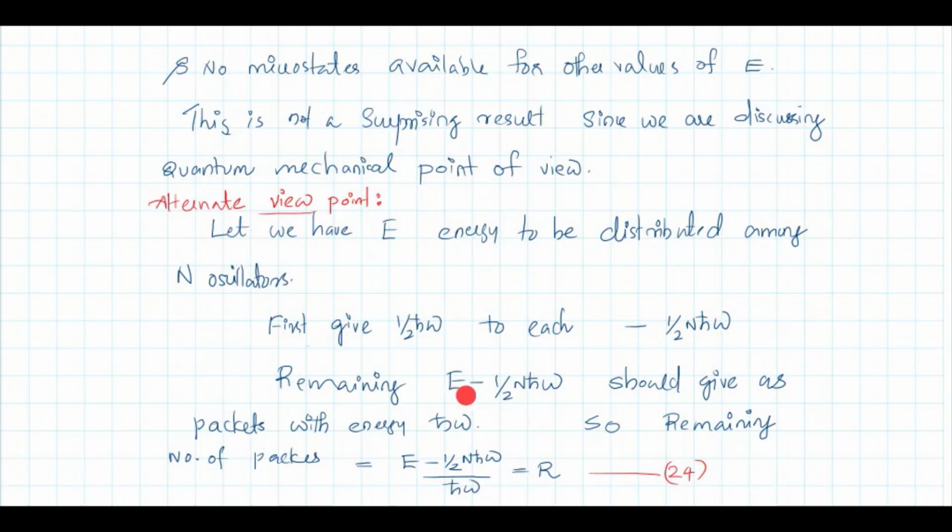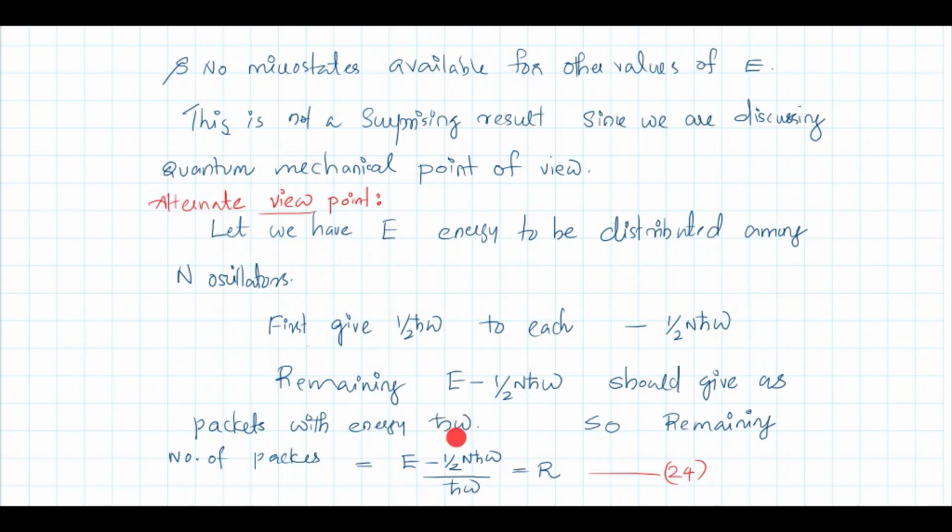So the remaining energy is E minus half n h cut omega, and that should give us packets with energy h cut omega. The energy is discrete, quantized. Each packet has an energy of h cut omega. So we have to distribute this much energy, E minus half n h cut omega, as packets each having the energy of h cut omega.